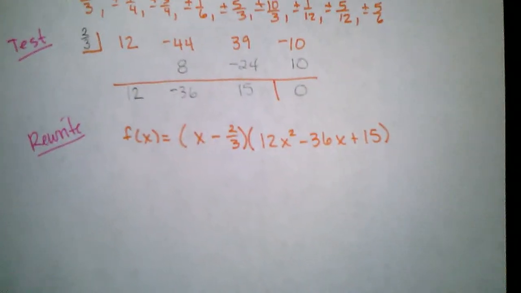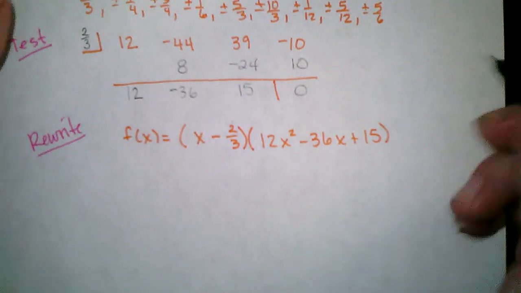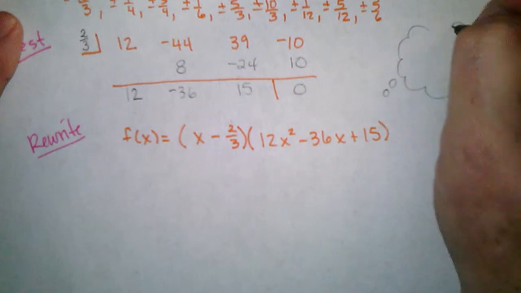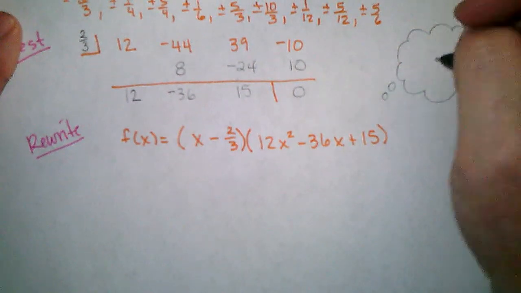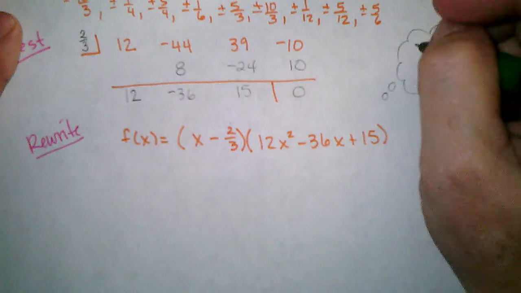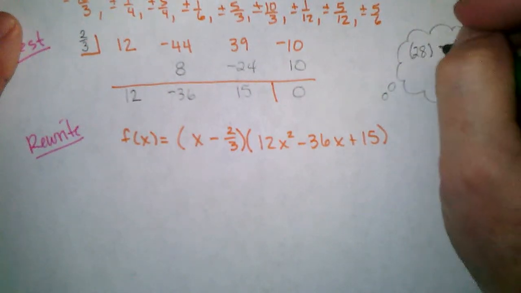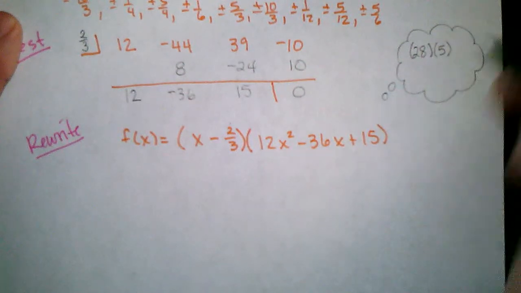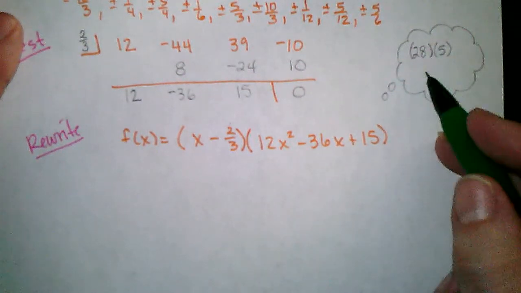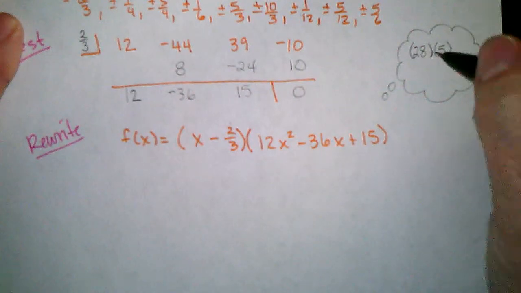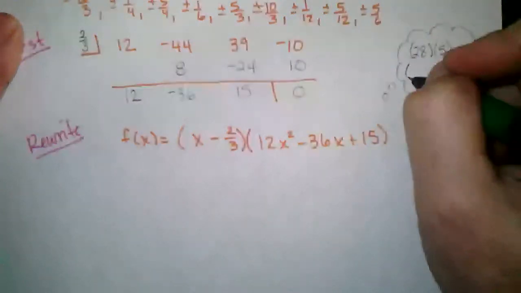Okay, here's where things get weird. I want you to think about regular numbers. So think about if we needed to multiply, like, I don't know, 28 times 5. That is not an easy pair of numbers to multiply, but I could think of 28 differently.